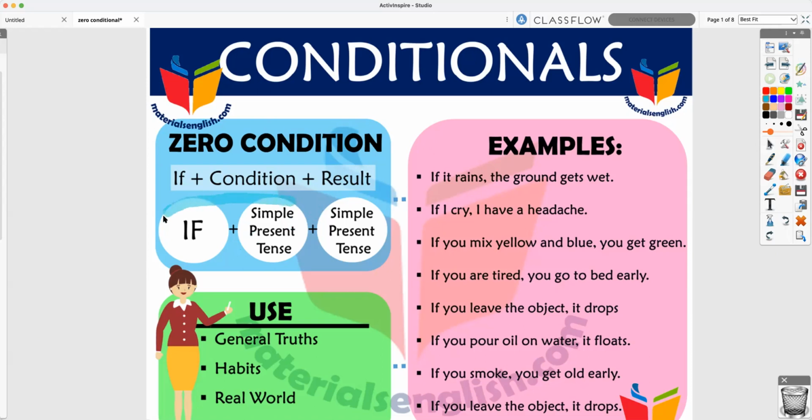The first sentence is an if clause. También la podemos llamar if clause, or the first sentence, o la primera oración, va acompañada de if. I want you to notice that if means sí. ¿Sí? El significado de if quiere decir sí.